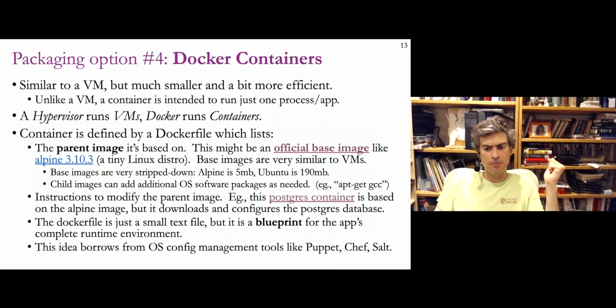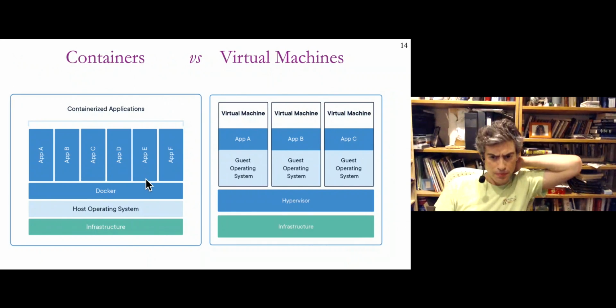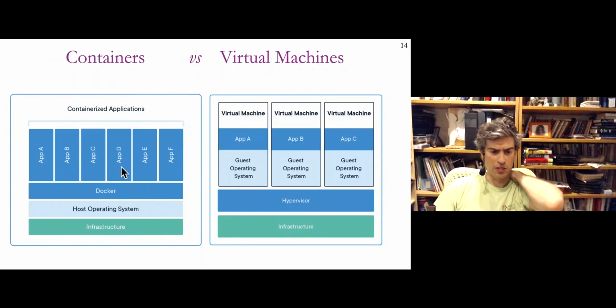So containers are similar to virtual machines, but they run on Docker instead of running on a hypervisor. At left, I have a container setup where you have different apps running on Docker on top of a host operating system. Virtual machines run on top of a hypervisor.